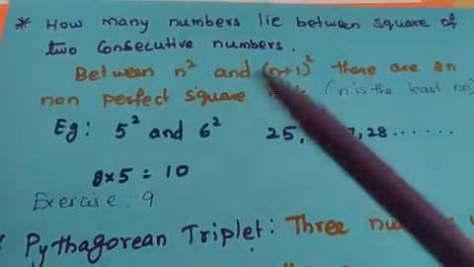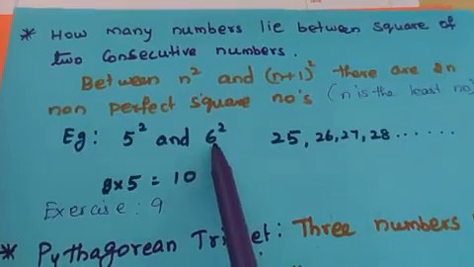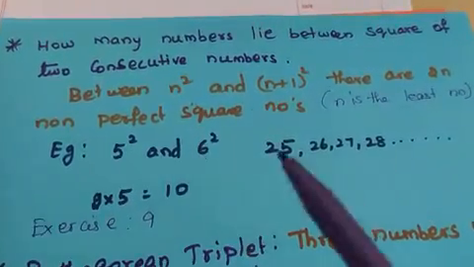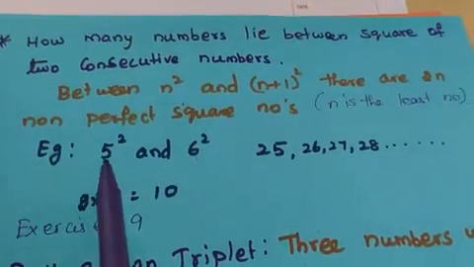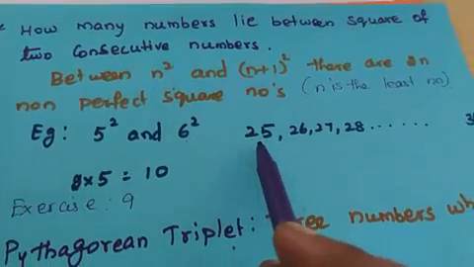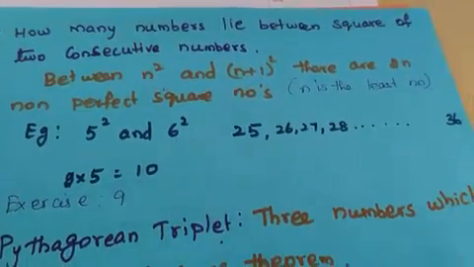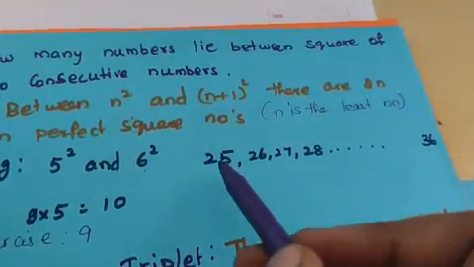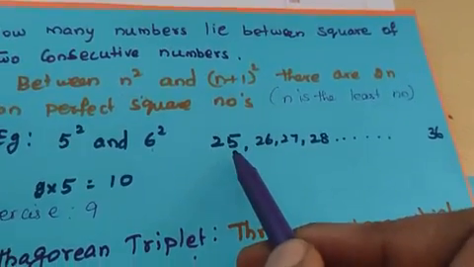For example, here I have taken 5 squared and 6 squared. We have to find out how many numbers are there in between 5 squared and 6 squared. You know that 5 squared is 25 and 6 squared is 36. So, in a normal way we can solve it. 25 is the 5 squared value.